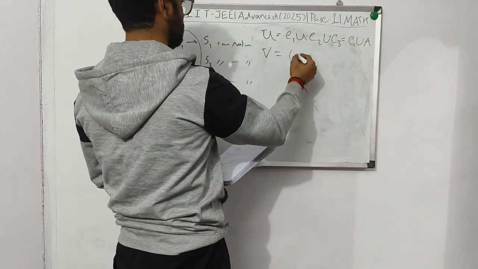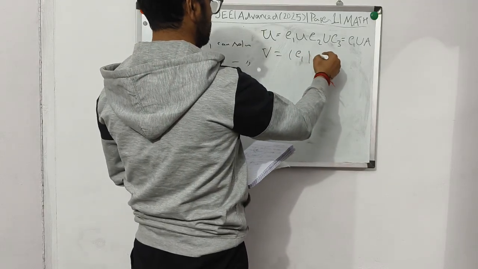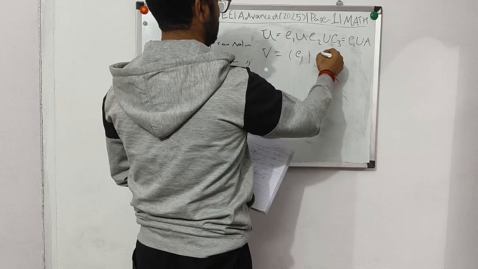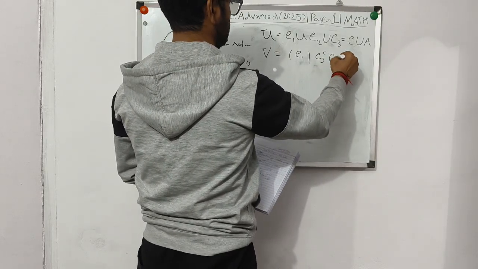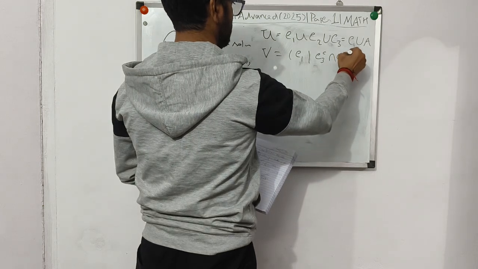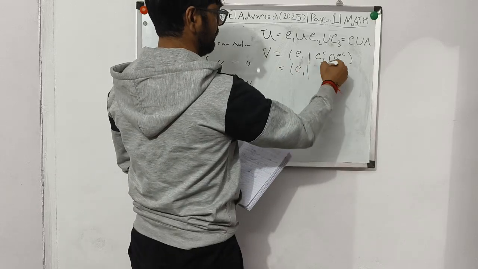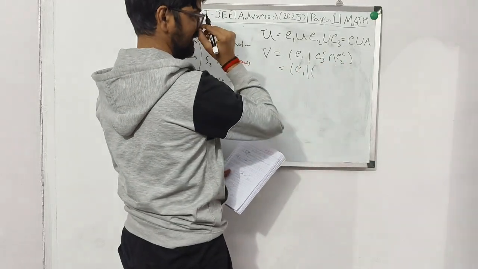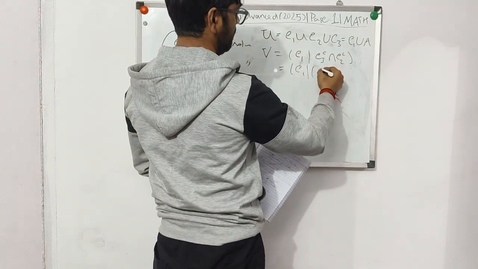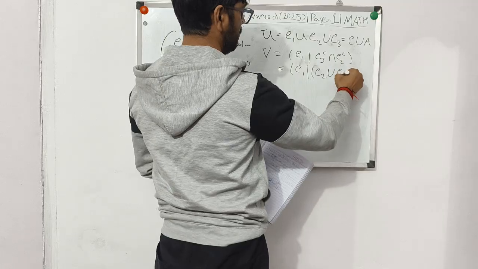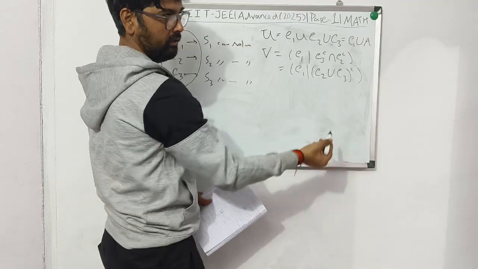This is E1 given that E3 complement intersection E2 complement, or we can write this again, by applying the law of complement, as E1 given (E2 union E3) complement. These two are equal.